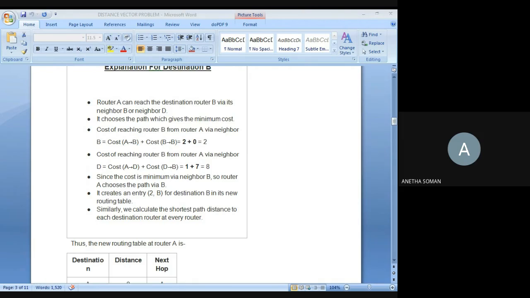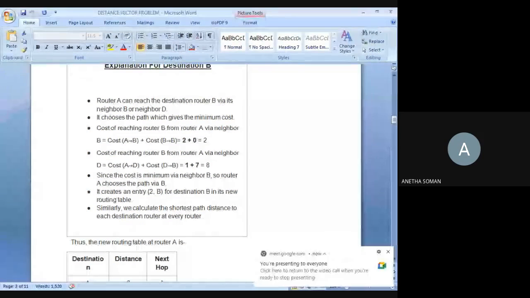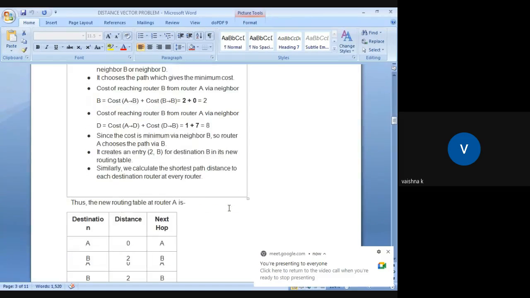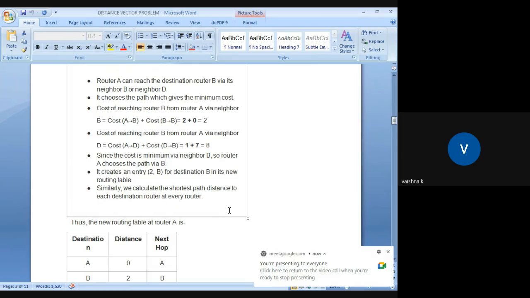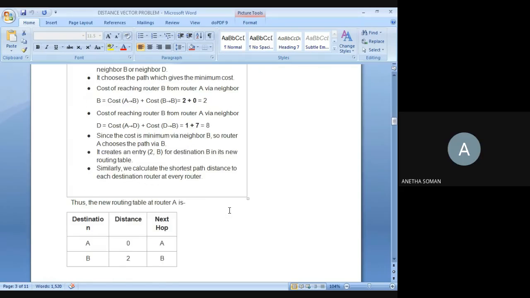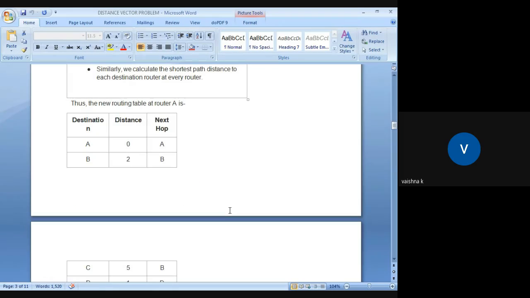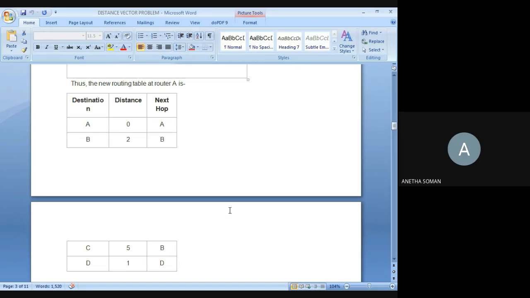Tell me the new routing table for A. A, 0, A. B, 2, B. C, 5, B. Correct. D, 1, D. So this is the new routing table for router A.